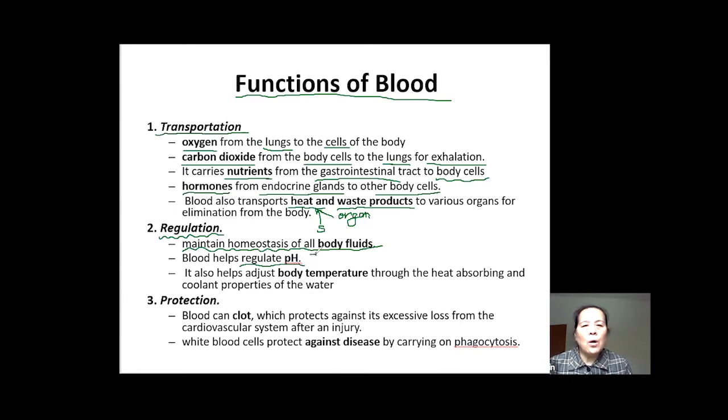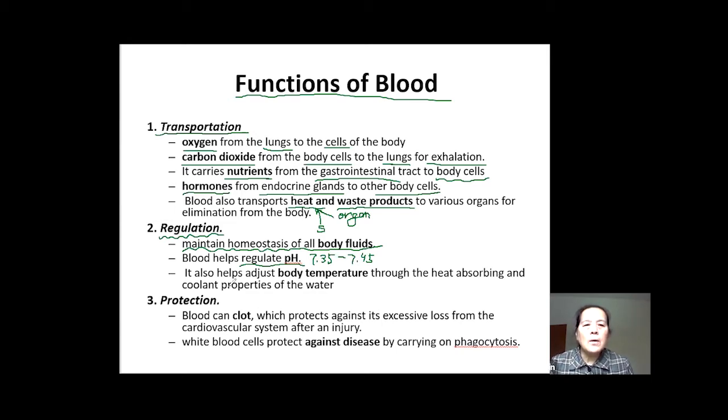So the normal pH inside the body is 7.35 to 7.45. Sometimes they say close to 7, but now it's a little bit higher than 7. So that's the normal range. Too high or too low will cause people to be sick. So how to regulate it? Through the blood circulation. If there is too much, just relieve it.